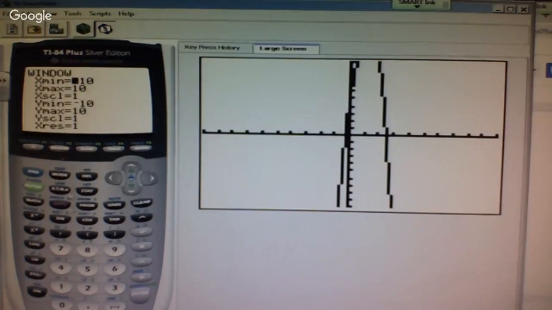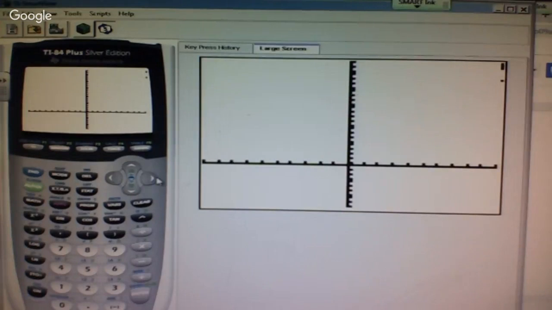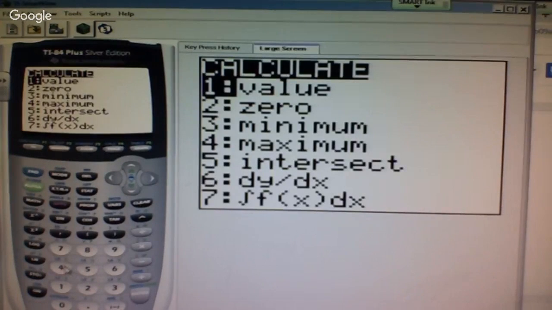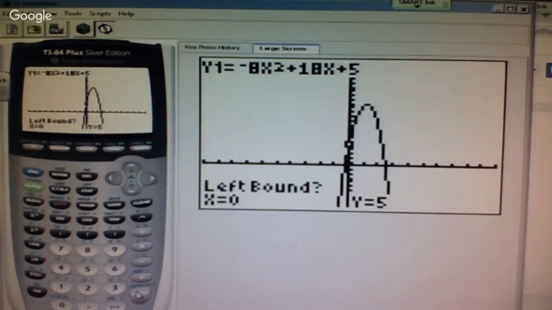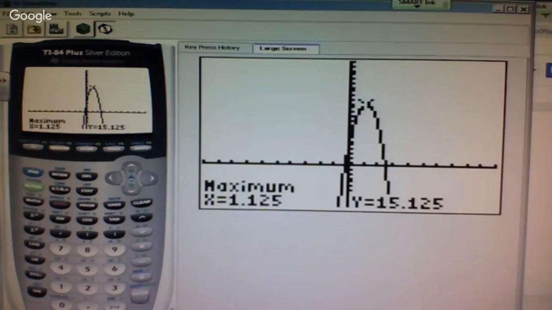I shouldn't have adjusted too much, right? We should be able to go to maybe 25. Yeah, there it is. So you know that you should have calculated a maximum here, correct? There's the left bound. Here's the right bound. And enter. So you got this far, right? Good with this much.